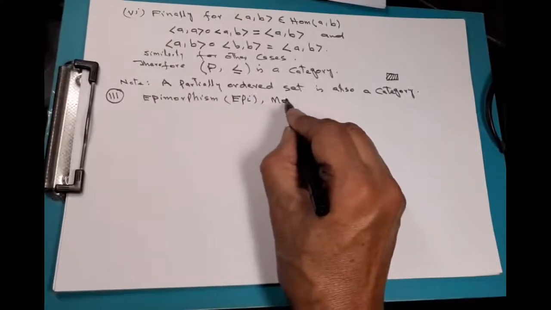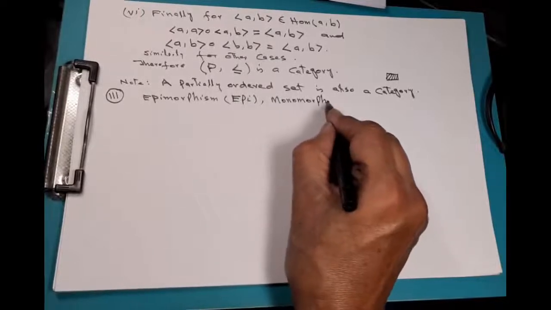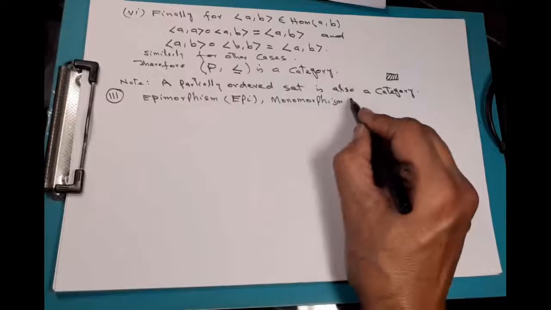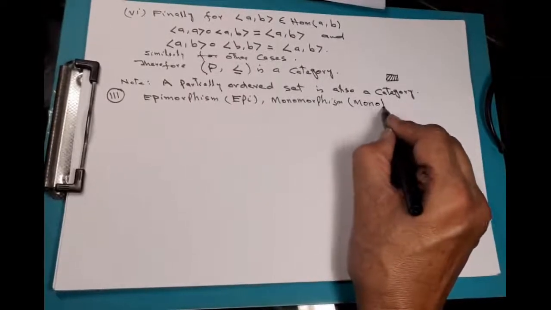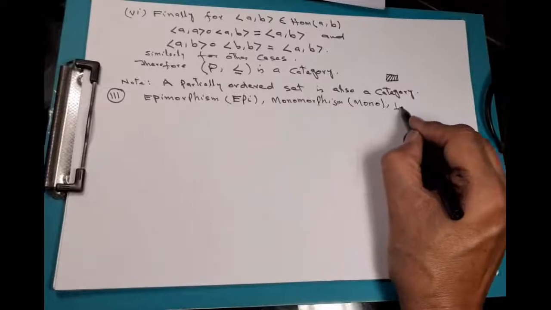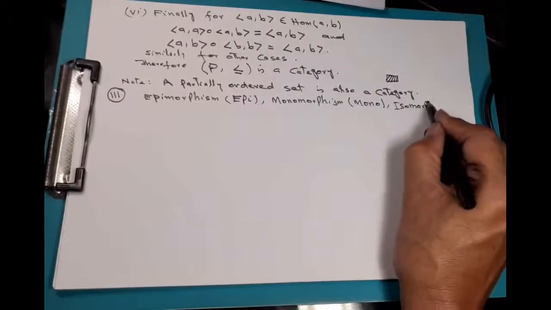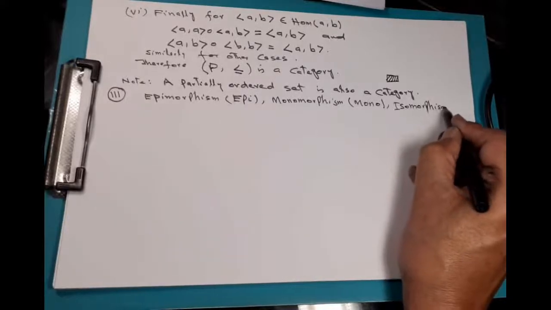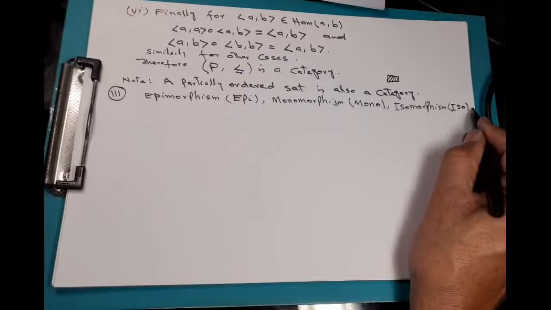Monomorphism, we mostly write it as mono. And isomorphism, we mostly write it as iso. So we are going to discuss epis, monos, and isos.